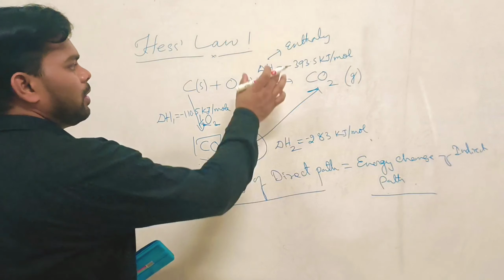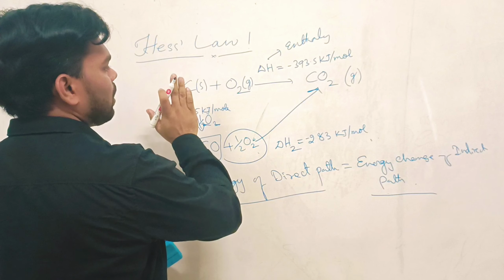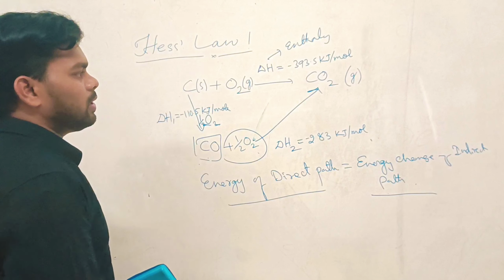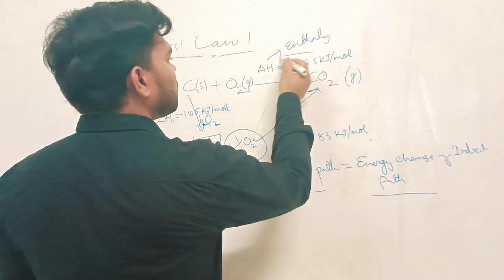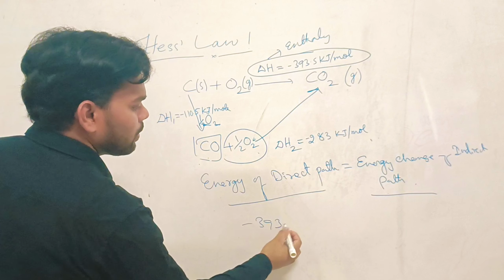So how much energy is released in the direct path if carbon reacted with oxygen to form carbon dioxide? This much energy is produced. It is 393.5.